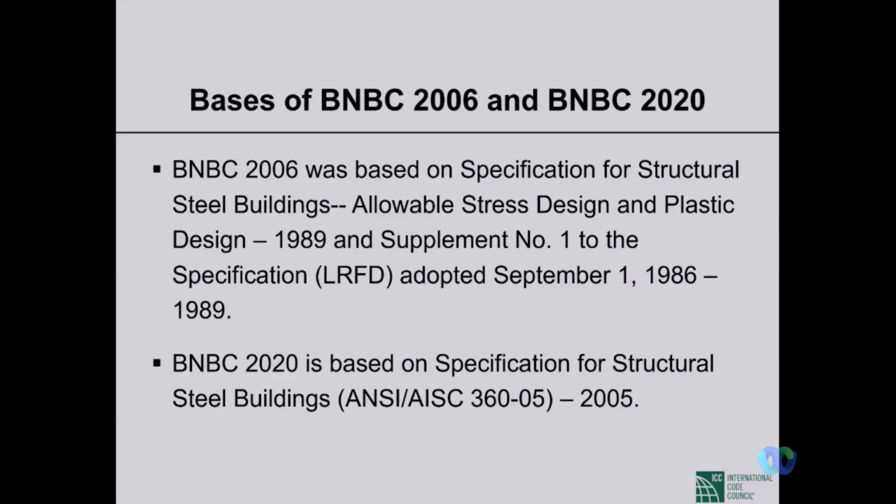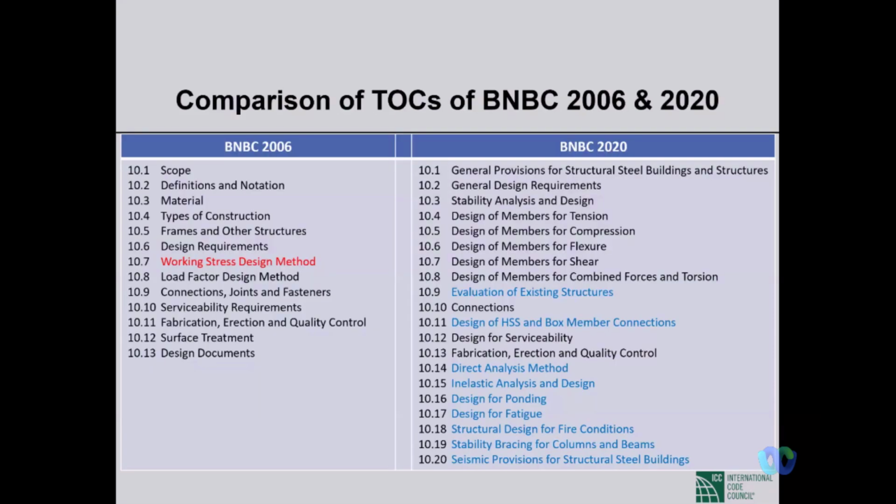Now I'll just compare what is there in BNBC 2020 and what was contained in BNBC 2006. So if we go article by section, then we'll see that the first three sections, scope, definition, notation, material, are all included in the first section of BNBC 2020.